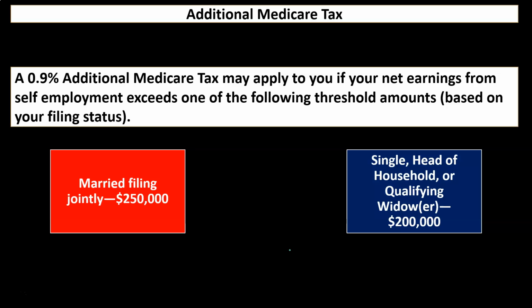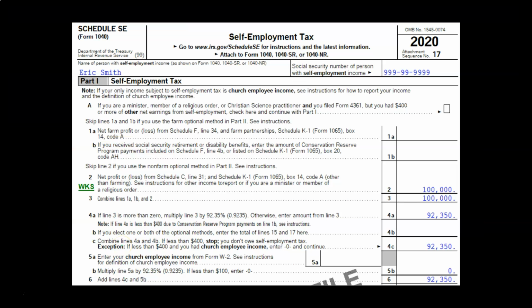So if your income goes over this threshold for the Medicare side of the tax, not only do they not have a cap where you cease paying Medicare, like with Social Security, but it actually increases, kind of like a progressive tax now. So they added a progressive layer on it, which really complicates things. I'm just saying it adds a level of complication here. So that's going to happen after you go over a certain threshold. Then you have to increase the Medicare side of it by that 0.9%.